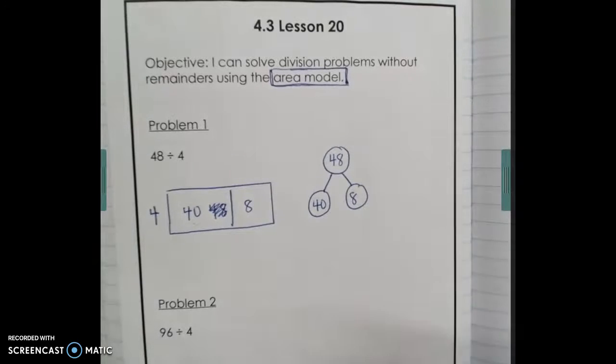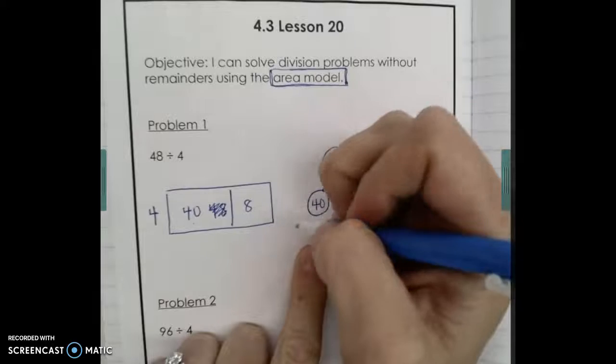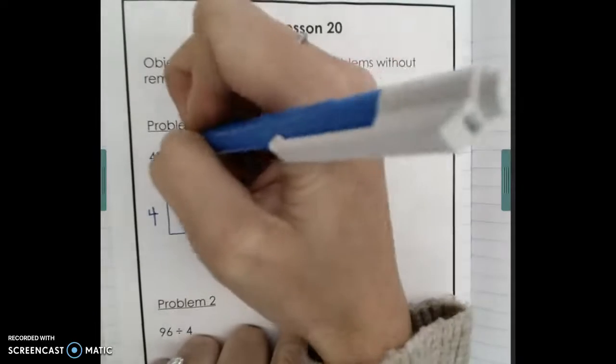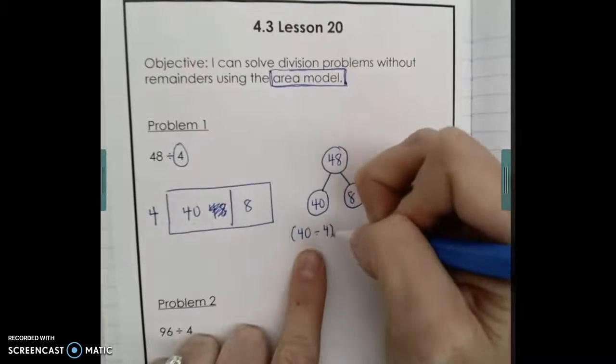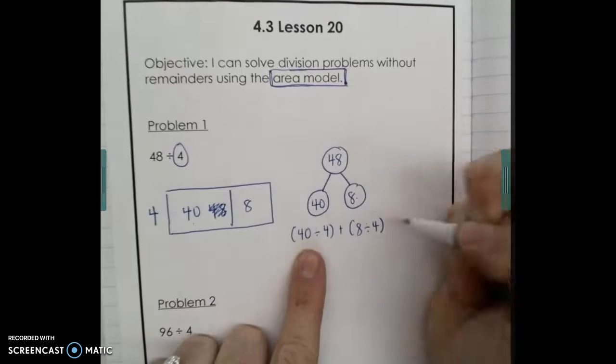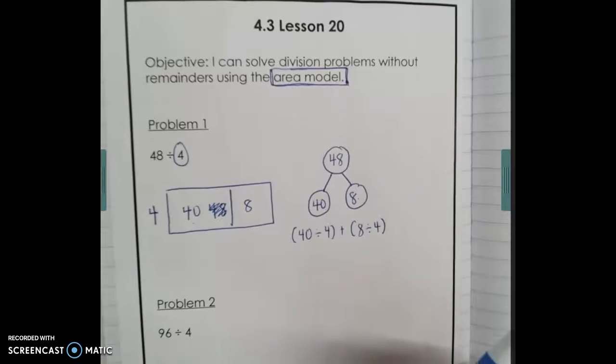When we did this in our math warm-ups, we would first look at 40 divided by our divisor 4, and then add it to 8 divided by 4. So it's just taking this big number and making it into easier numbers to divide.